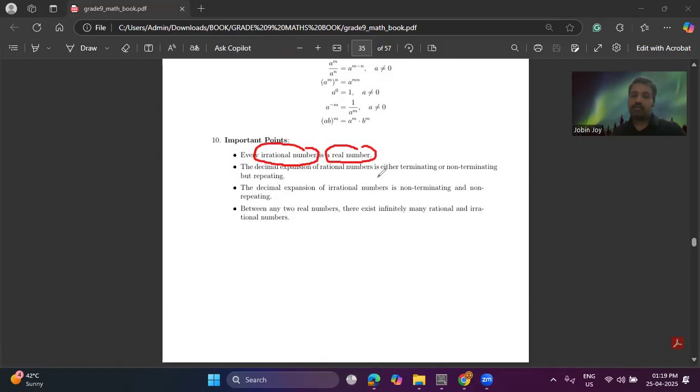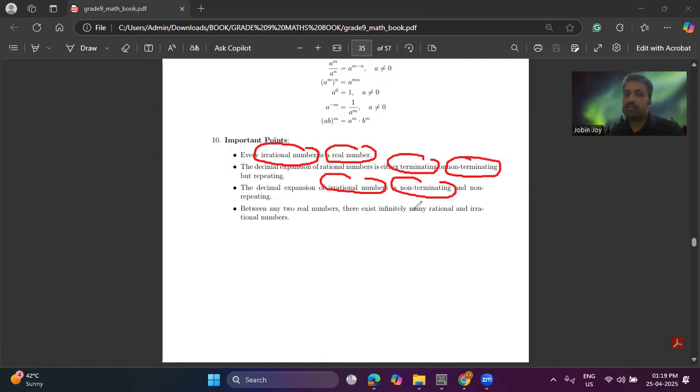The decimal expansion of rational numbers is either terminating or non-terminating but repeating. But in the case of irrational numbers, the decimal expansion is non-terminating and non-repeating, non-recurring.